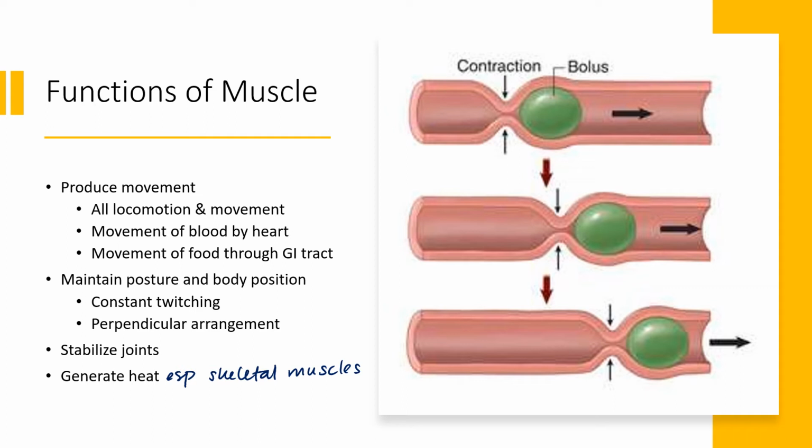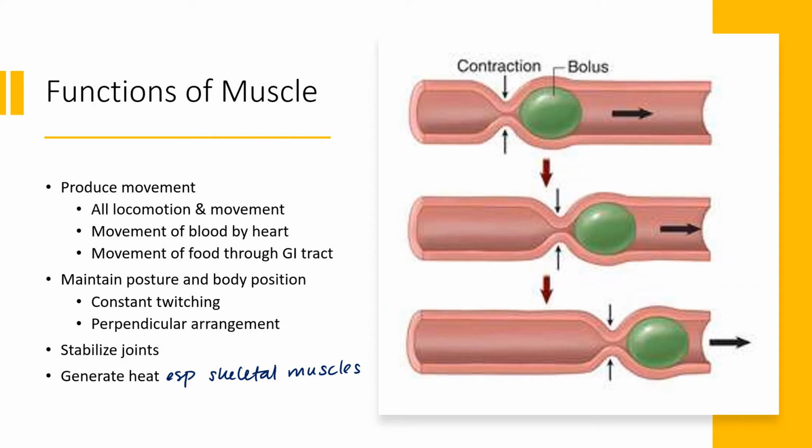Therefore, it's burning ATP. And a major waste product of burning ATP is heat, right? So you're constantly generating heat by just the basic maintenance twitching of your muscle cells.